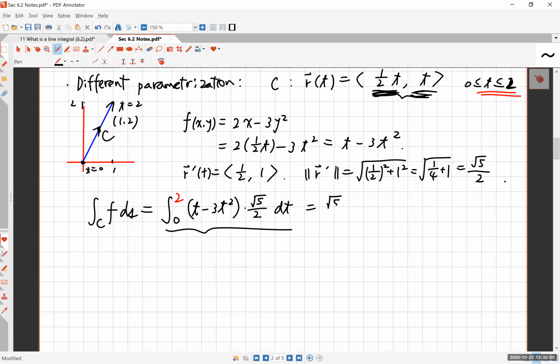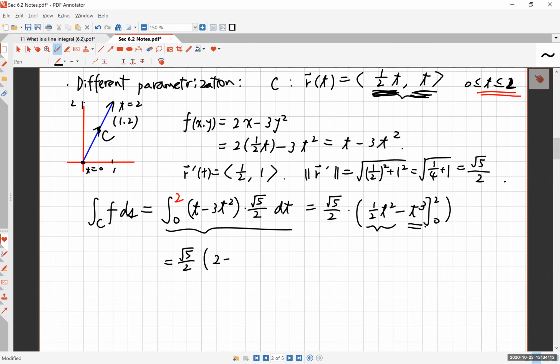So let's take the constant out first. Then t becomes 1/2 t squared, and 3t squared becomes t cubed when you integrate, and then you go from 0 to 2. So this is the square root of 5 over 2, and then you have, what is 1/2 times 2 squared? That's 1/2 times 4, and that's 2.